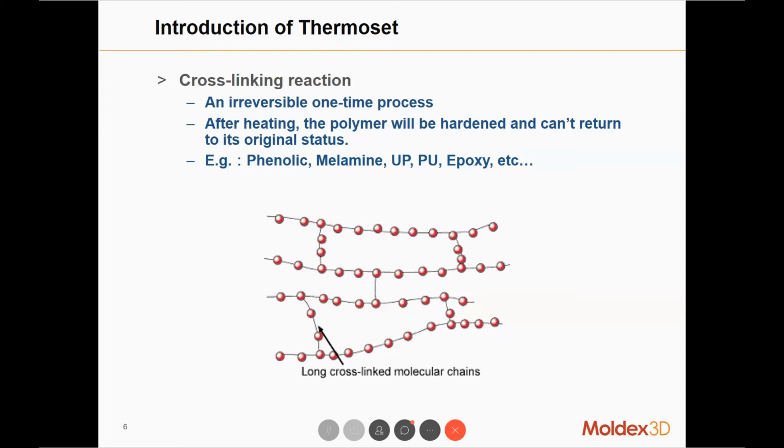And once it has entered a solid stage, it cannot return to its original status, which is why thermoset material is very difficult to recycle and to be reused for a recycled product.